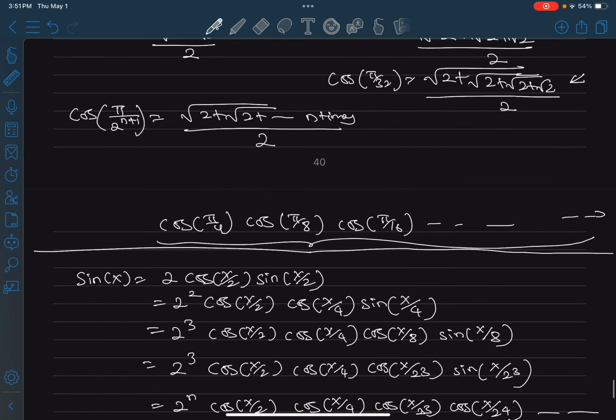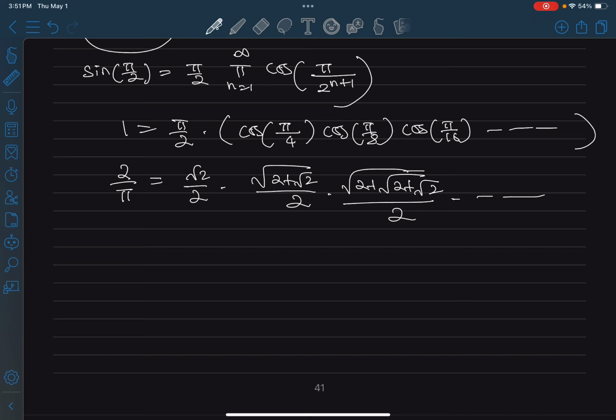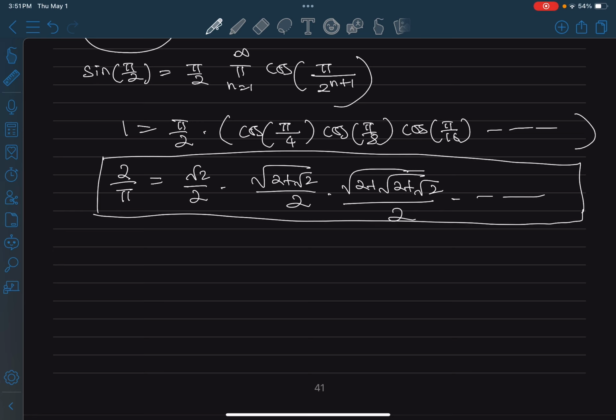Yeah. So we see that this is actually now cos pi. I can actually write in expanded form just to make sure that it looks beautiful, right? Cos of pi over 16 is root of 2 plus square root of 2 plus square root of 2 over 2, and so on. So we have proved Viete's formula.